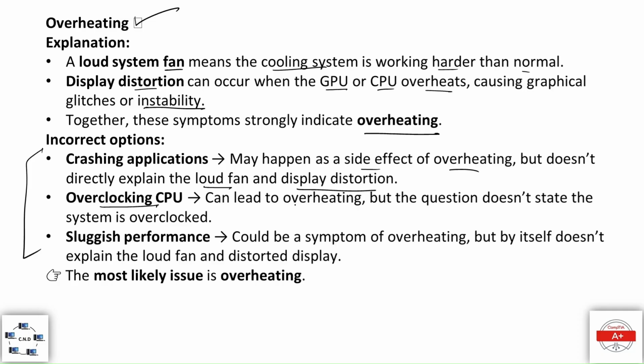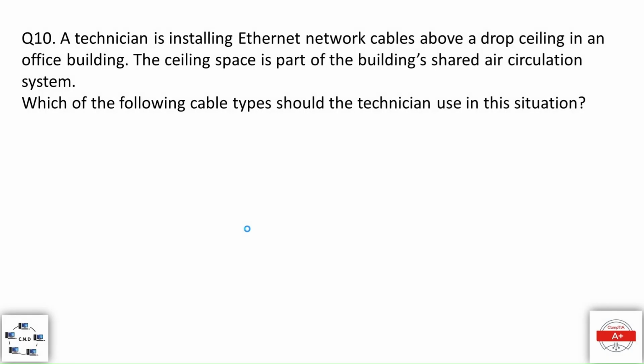Overclocking CPU can lead to overheating, but the question does not state the system is overclocked. And sluggish performance could be a symptom of overheating, but by itself does not explain the loud fan and distorted display. So the most likely issue is overheating.